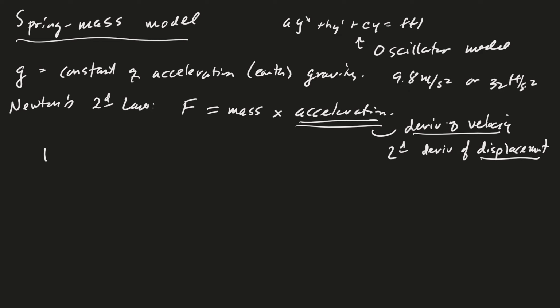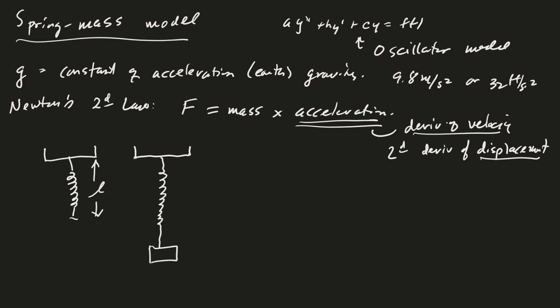And so I'm going to build my mass spring model, or spring mass model, on a ceiling with a spring that hangs down. And so this length, the natural length of this spring, is going to be what we denote by script L. So that's the natural length of the spring. Nothing's happening. And then I attach a weight to it, which stretches the spring out, presumably.